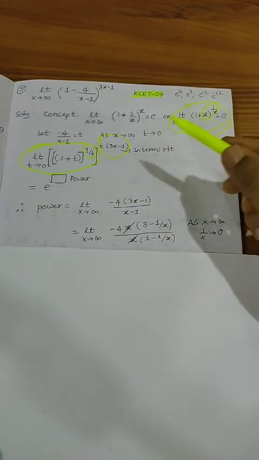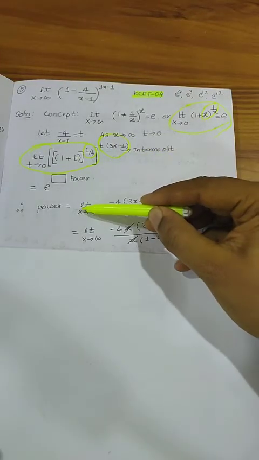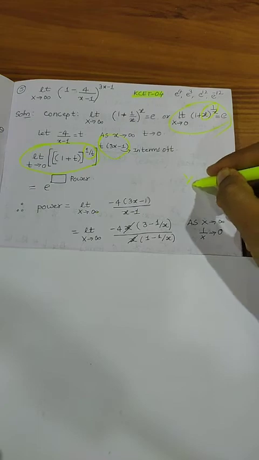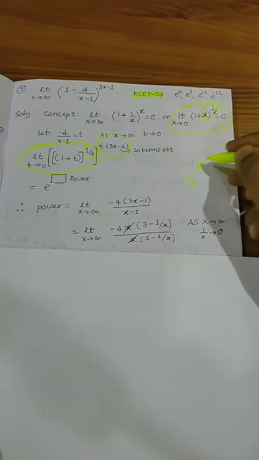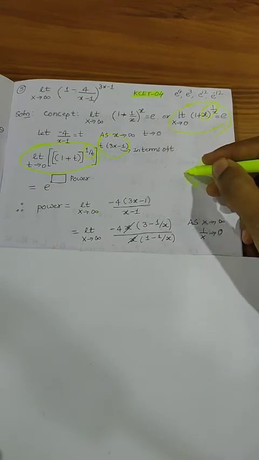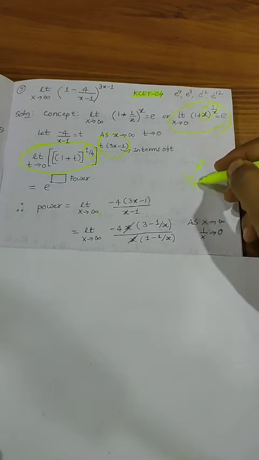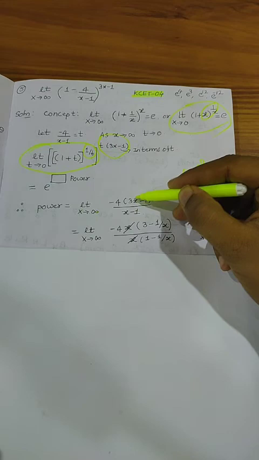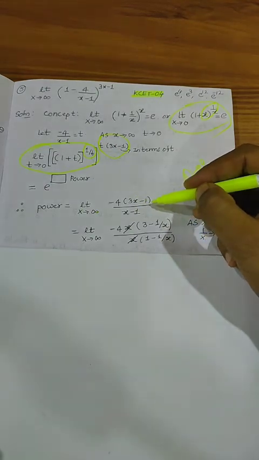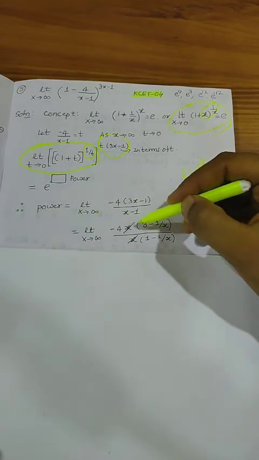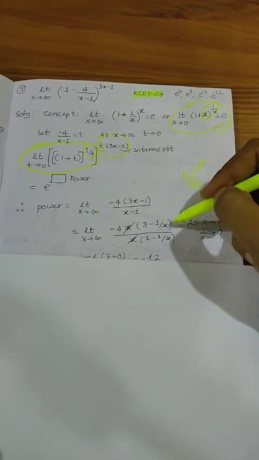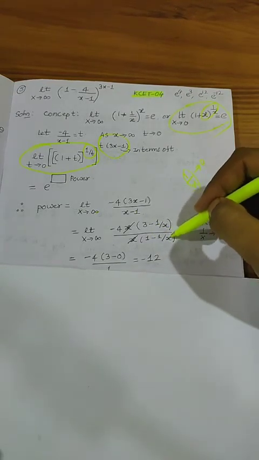Whenever x tends to infinity, we have to understand that 1 by x tends to 0. The numerator is always a finite quantity, and if x comes in the denominator, the function tends to 0. So let me take x to the denominator by taking x common. In the bracket we get 3 minus 1 by x in the numerator, and similarly 1 minus 1 by x in the denominator.